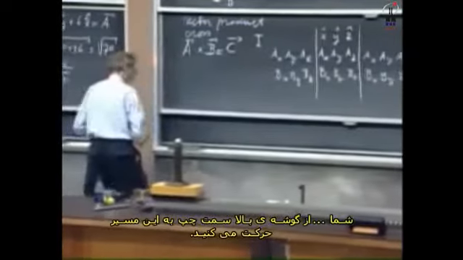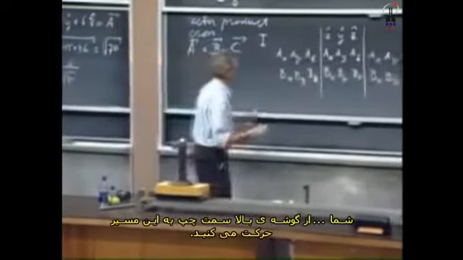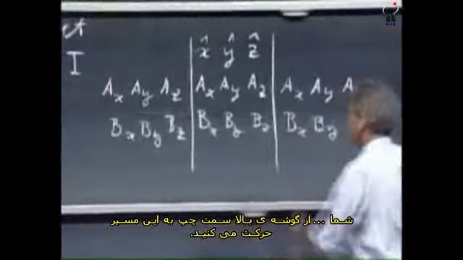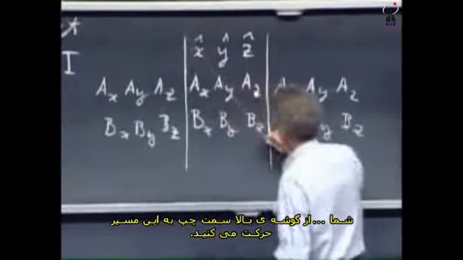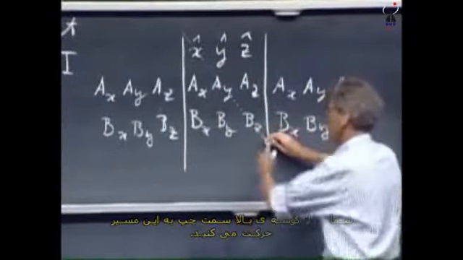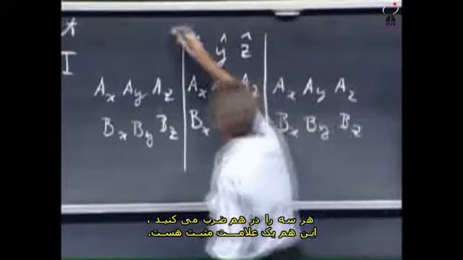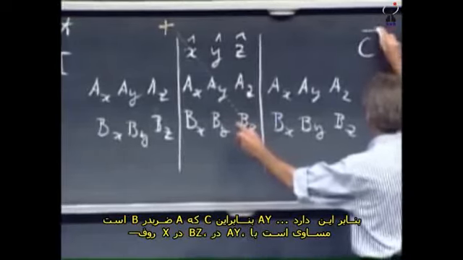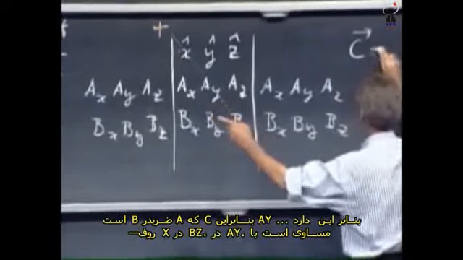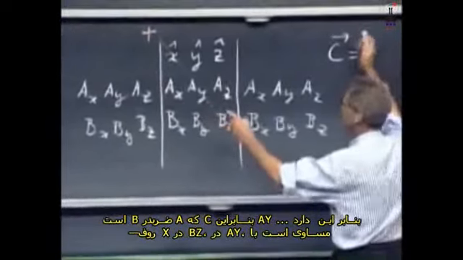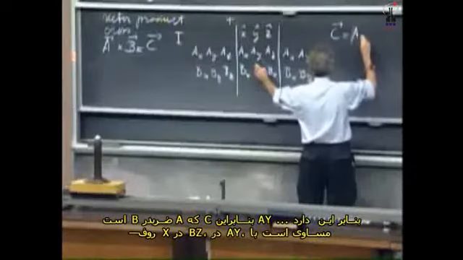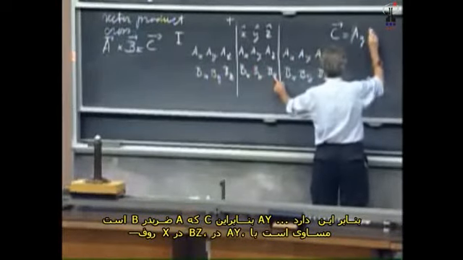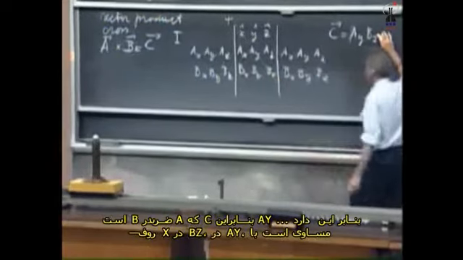You go from the upper left-hand corner to the one in this direction. You multiply them all 3, and that's a plus sign. So you get AY, so C, which is the A cross B, equals AY times BZ times the X roof.